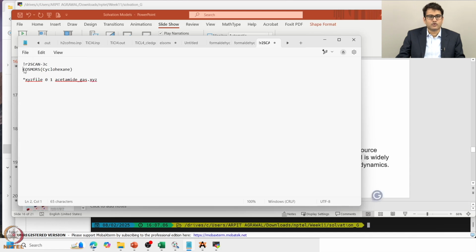So this Cosmo RS cyclohexane is the line which will do the Cosmo RS calculation.